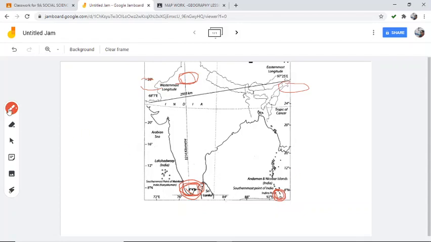I hope this much is clear to you. So now you know about the southernmost island and the southernmost part of India in mainland and Indian Union. The northern part also, I hope it's clear to you. Okay, so next part comes.